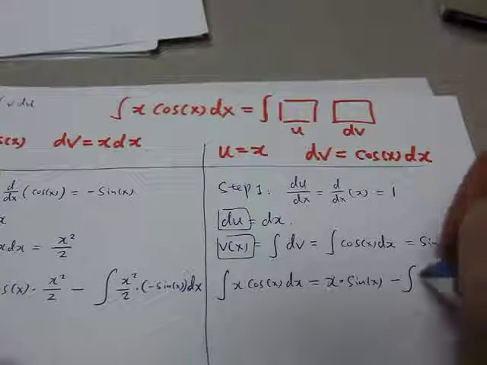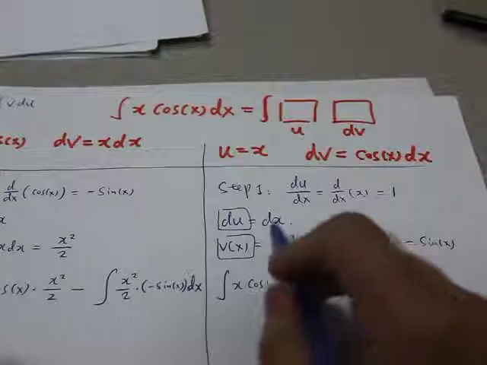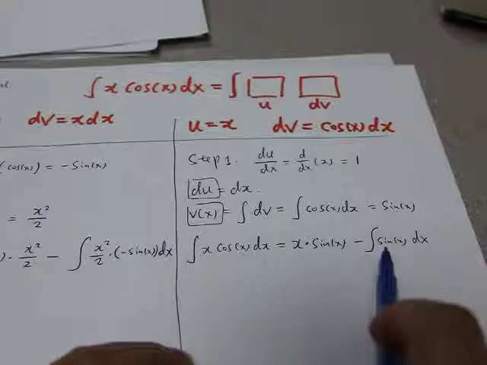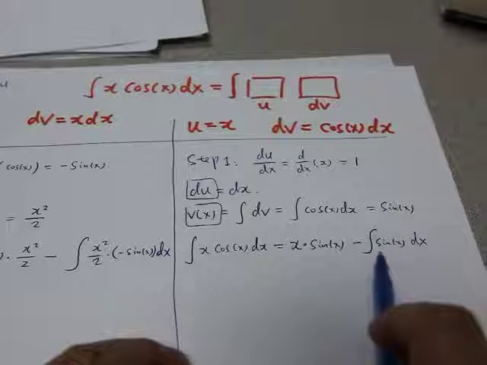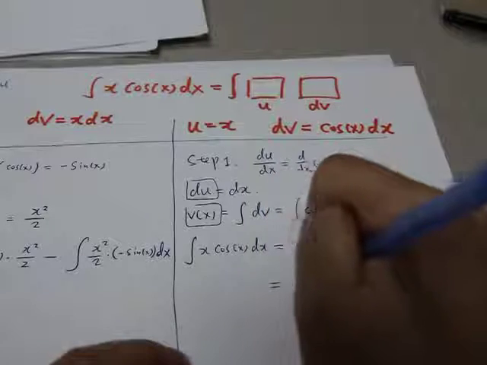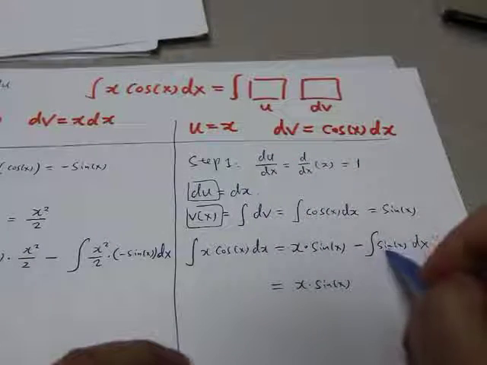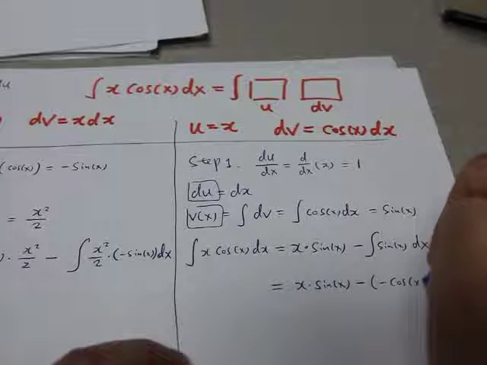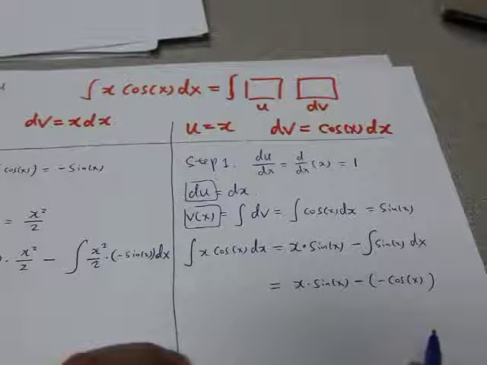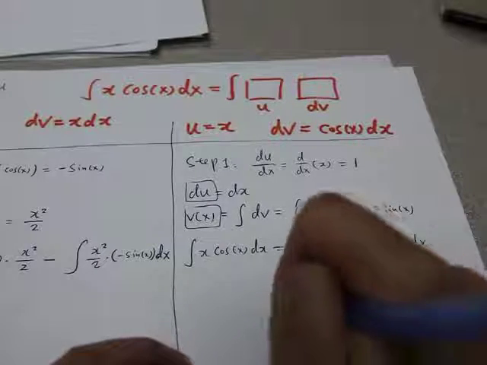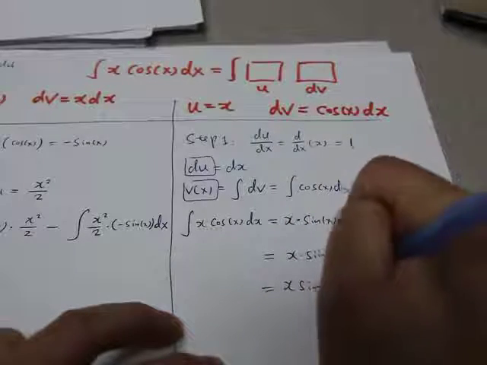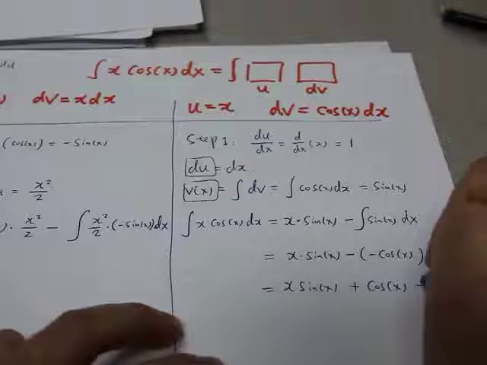Now v is sine x. Now du is dx. Now this integral is easy, right? This integral is minus cosine x, plus c. So the answer is x times sine x plus cosine x plus c.